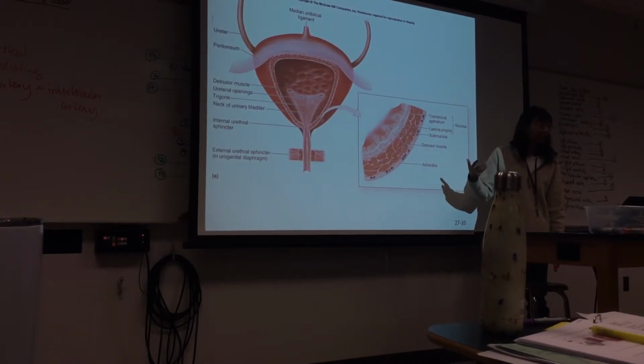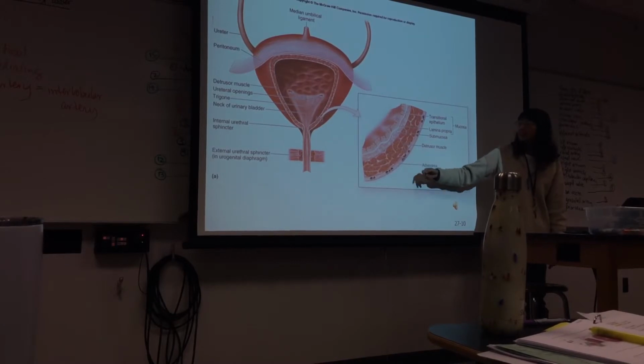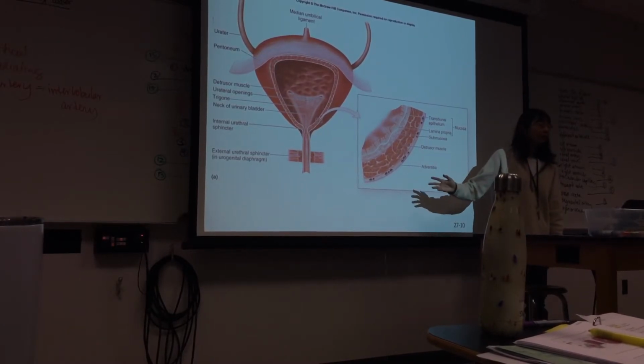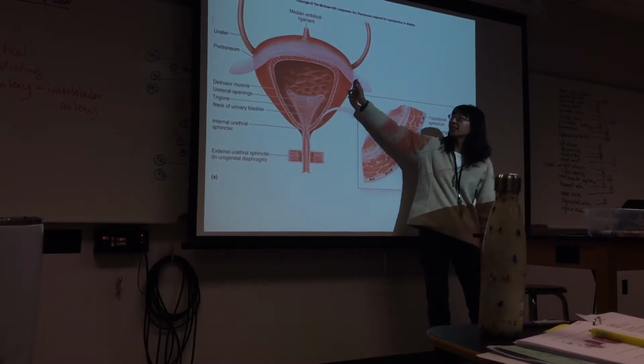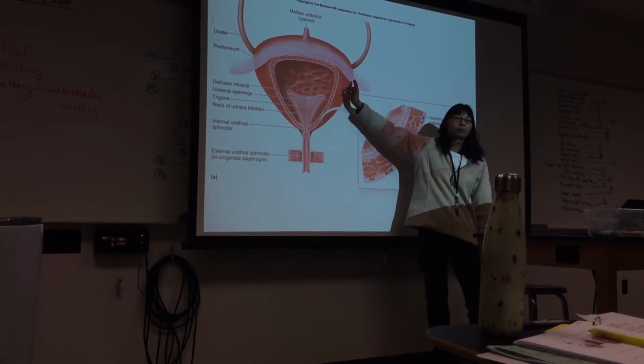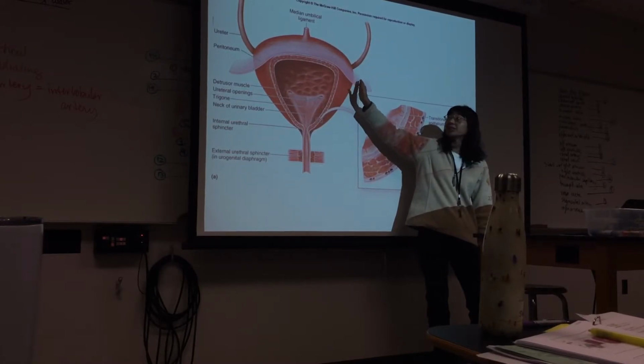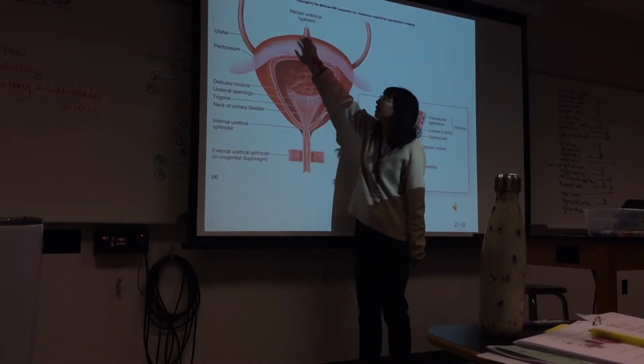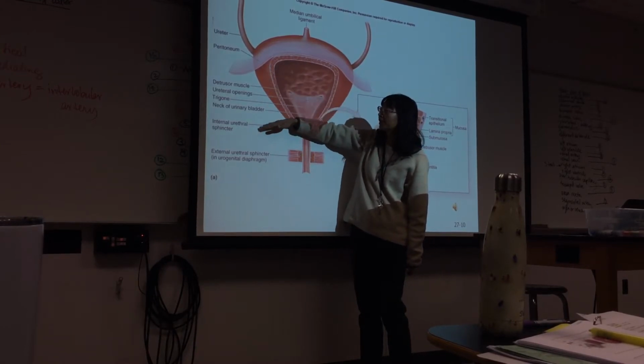Guys, trying to write this down? Adventitia, if it's the outer layer of whatever organ, but the organ is outside the peritoneum. Okay. There's the peritoneal cavity up here. We're outside, we're below it.